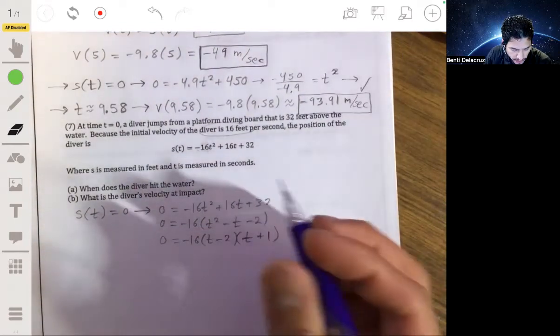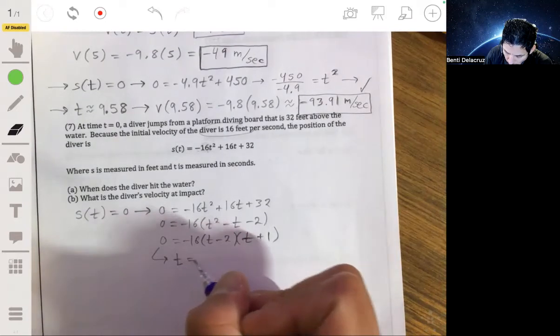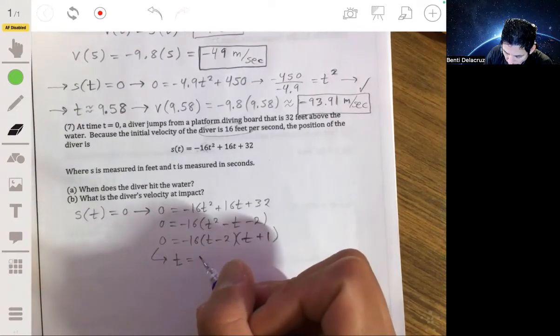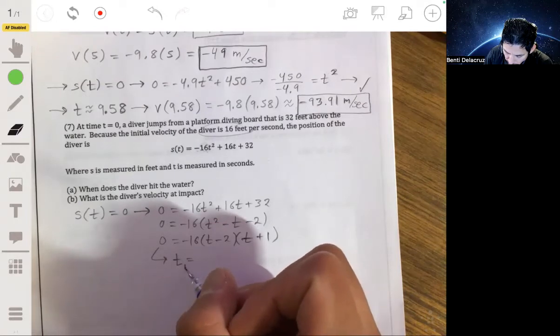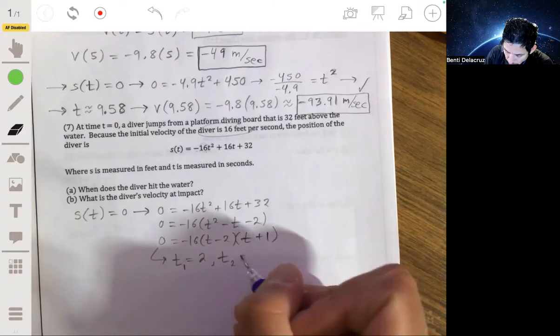And so your two answers would be 2 and -1. So we could say T1 is 2 and T2 is -1.